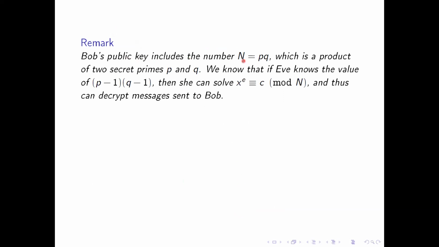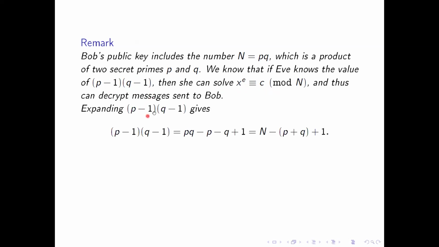Bob's public key is n, which is p times q, but he keeps secret the p and q. If Eve knows the value of p minus 1, q minus 1, it's really easy for her to solve x to the e is congruent to c mod n, because that's how we solved it, was because we know p minus 1, q minus 1. So this has to be kept secret.